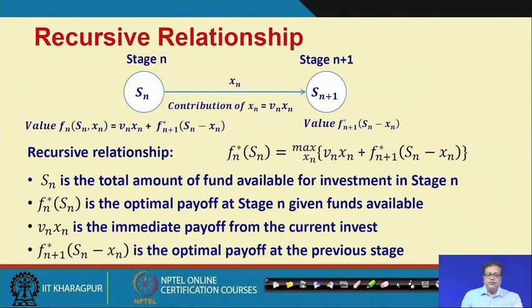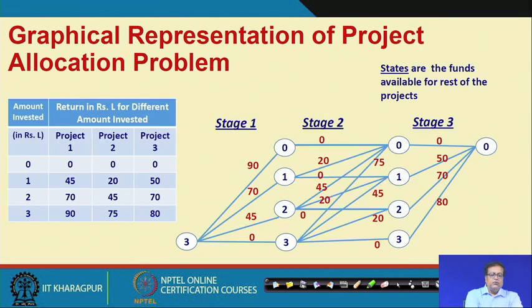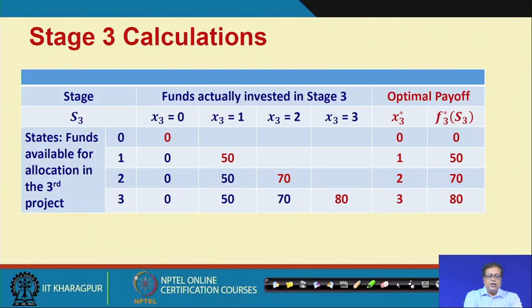See, at stage 3 values, once again let us see for project 3, we have 0, 1, 2, 3 and the returns are 0, 50, 70 and 80. So, look here, the same 0, 50, 70 and 80 returns are put here. At stage 3, if you have 0 amount available, obviously you can invest 0 and your return will be 0.